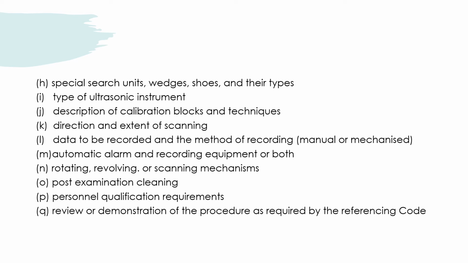Number 16 is personnel qualification requirement, and number 17 is review or demonstration of the procedure as required by the referencing code. So these 17 items are important for ultrasonic testing.